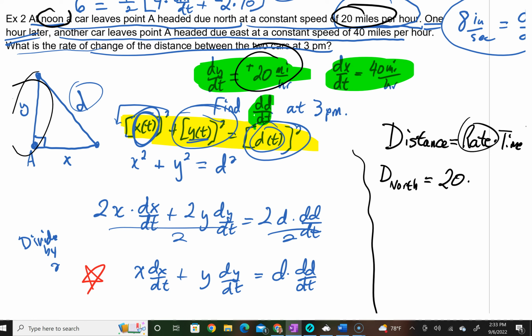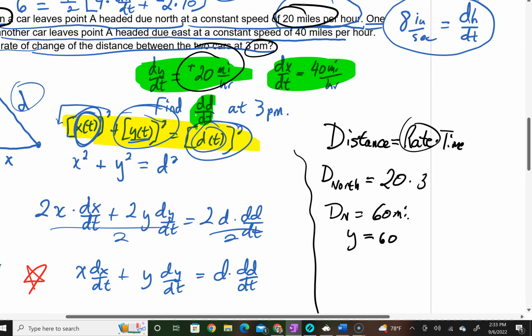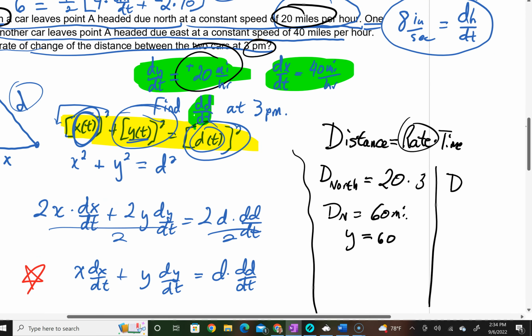Well, they start at noon and then they go to 3, and I think you could see pretty quickly here, that's going to be 3 hours, right? So the distance that you're going to travel to the north is 60 miles. Guess what, though? We're calling that y. Y equals 60.